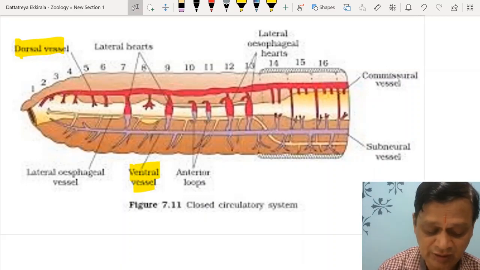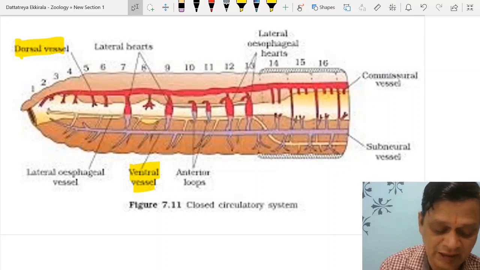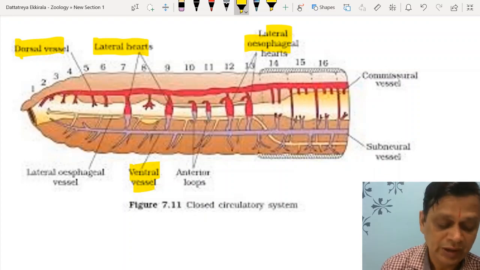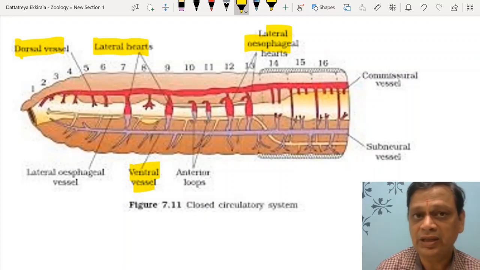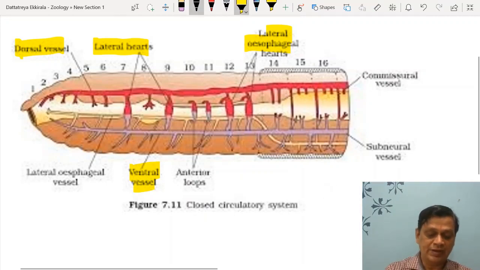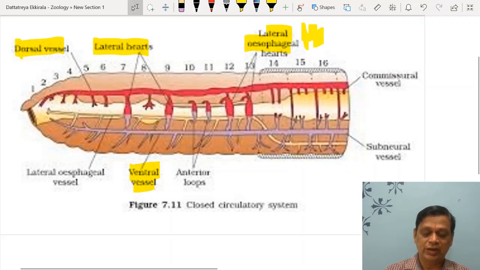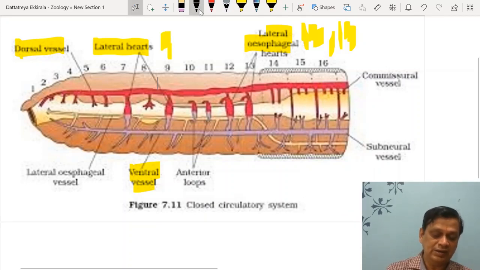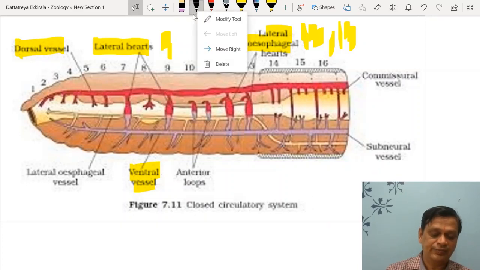These dorsal and ventral are connected by hearts, two types of hearts, lateral hearts and lateral esophageal hearts. Lateral hearts will be seen in 7 and 9 segments, and lateral esophageal will be present in 12 and 13 segments, right?